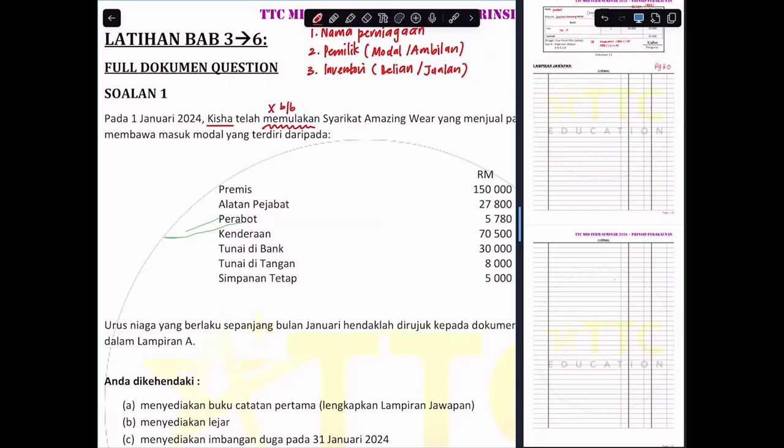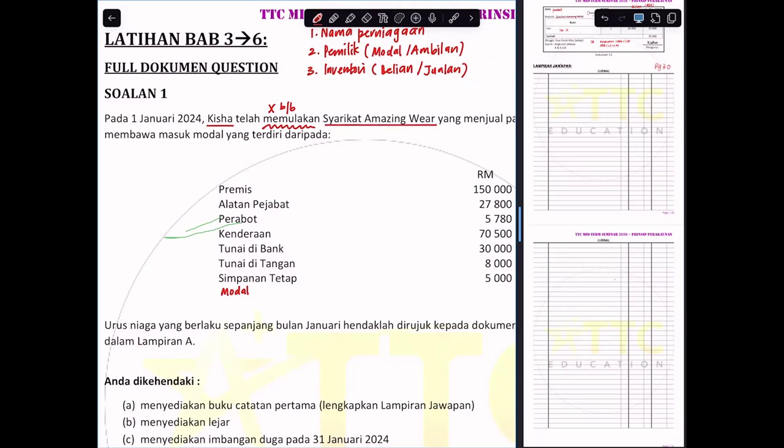So what else do we need to do? What's the account that we find? Nothing in the company? The boss needs to bring in something. So what's the account? Yes, modal. And there's no modal given in the list here, so add on modal. Syarikat Amazing Way. So we know our company name.